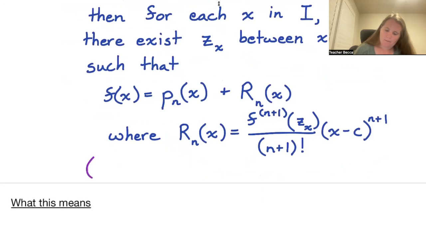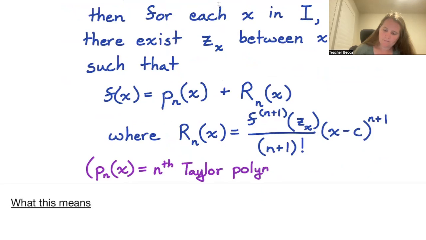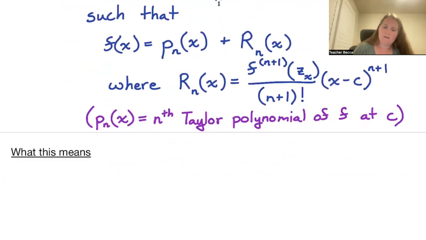So here, p sub n of x is the nth Taylor polynomial of f at c. Right. So we get this slightly odd function of x, and that z sub x itself is kind of a function of x. I'm going to cross off what this means.